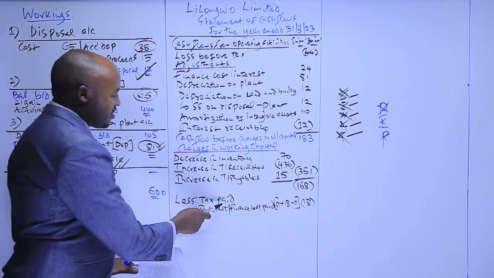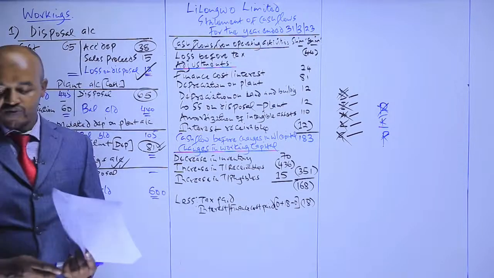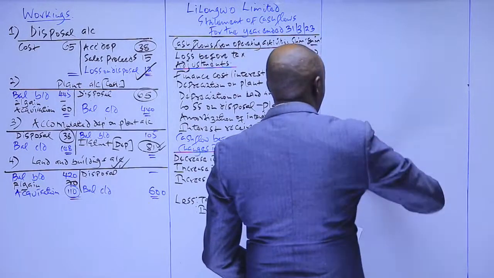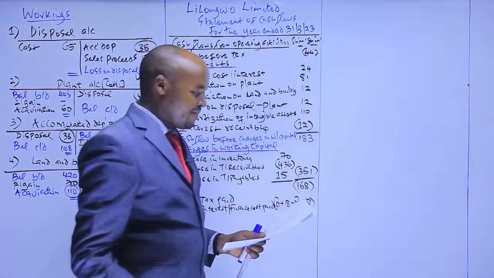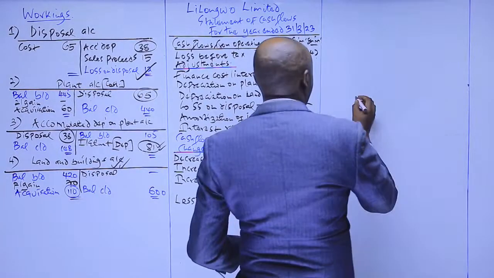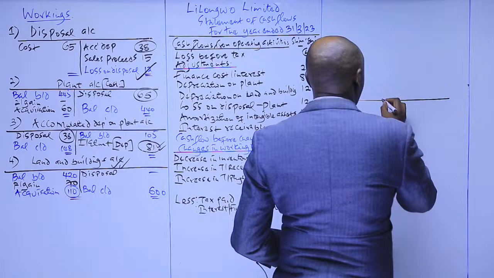But now for this tax here, we have to prepare something called the tax account. Remember, we have looked at the format for this. So we have to prepare that account to determine how much tax was paid during the current year. So let's prepare that account here. The taxation account.